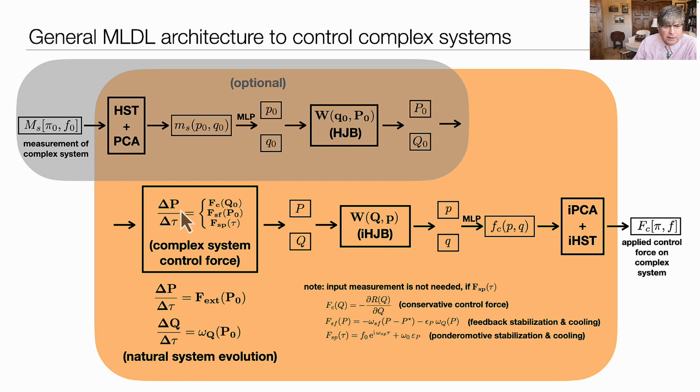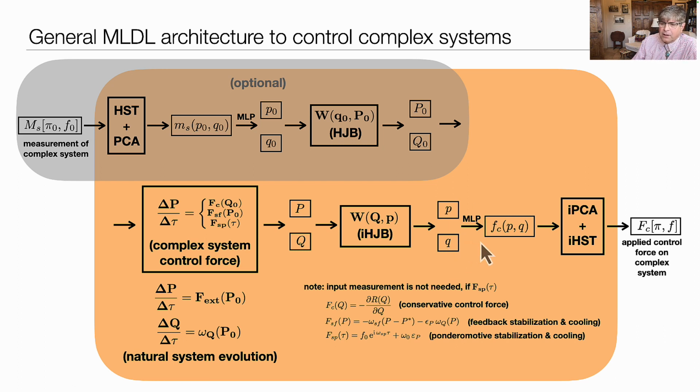If you're applying a ponderomotive force, you do not need to do this part. At this point, you just state what the change in the momentum needs to be. From this, you know what the new capital P's and Q's are. You do the inverse transformation, or approximated canonical transformation of the solution to the Hamilton-Jacobi equation, to the little p's and q's.